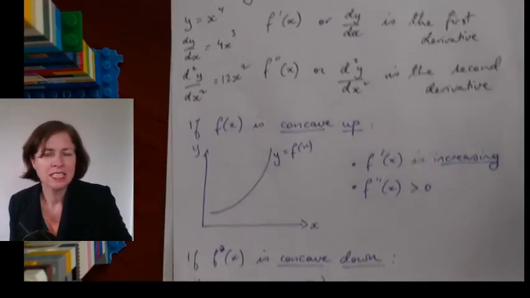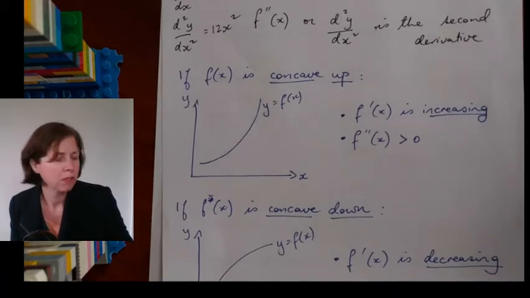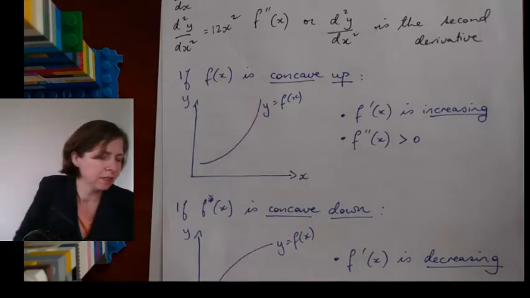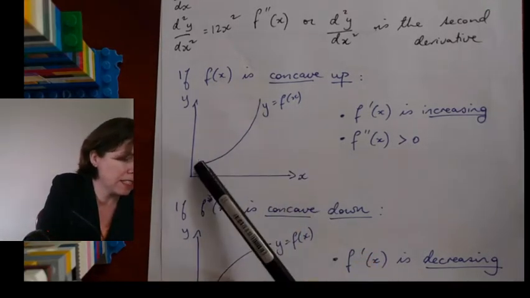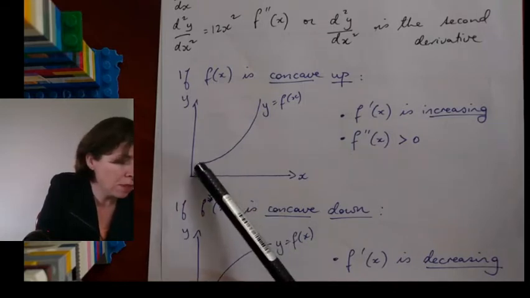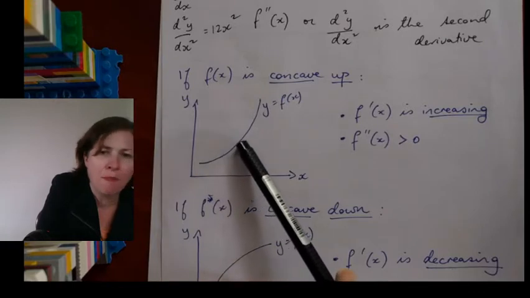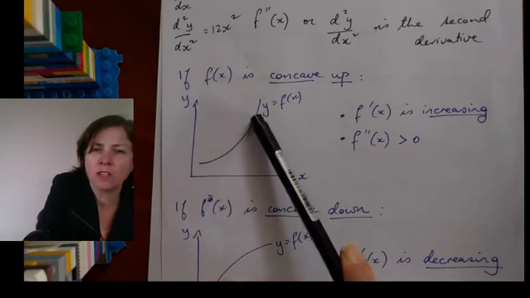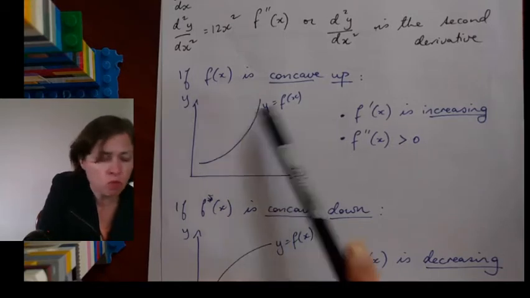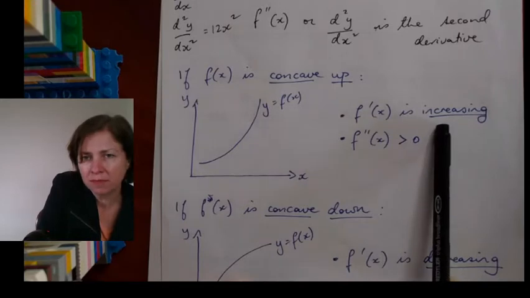So let's look again at the shape of the graph and what we can learn from the second derivative. When f of x is concave up, here's y equals f of x, it's concave up. Now we've just been talking about that. When I'm concave up, then not only is my graph increasing, but the steepness of the graph is also increasing. The gradient is increasing, which means the rate of change, f dash of x, is increasing.